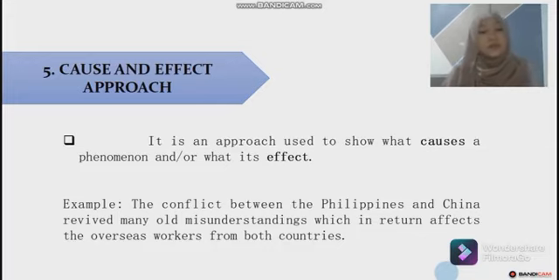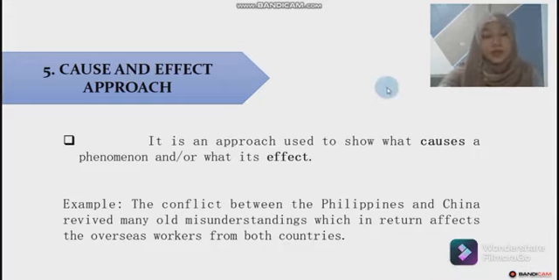For example, the conflict between the Philippines and China revived many old misunderstandings, which in return affects the overseas workers from both countries. So the cause here is the conflict between these two countries, which revived many old misunderstandings. As for the effect, it affects the life of the overseas workers from both countries.